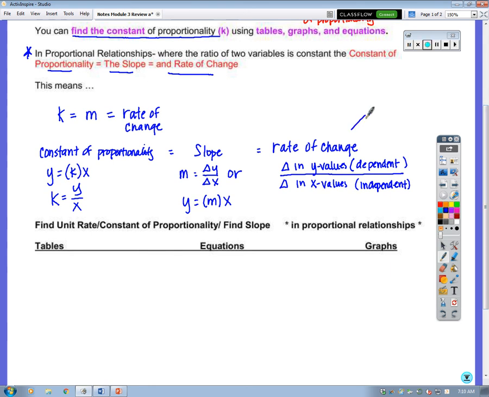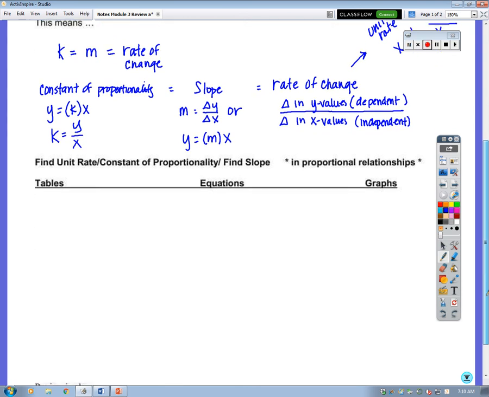Remember that our little tangent here, a unit rate, is when the second quantity, x, equals 1. If it's y over x, it's when x equals 1. So let's go ahead and do a couple examples of these.